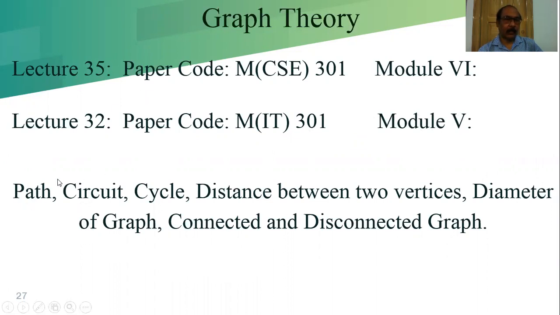The path definition we will get from the walk and trail. Then circuit. Then we discuss the cycle. Then the distance between two vertices, the diameter of a graph, and connected and disconnected graphs that we will learn in the next class.